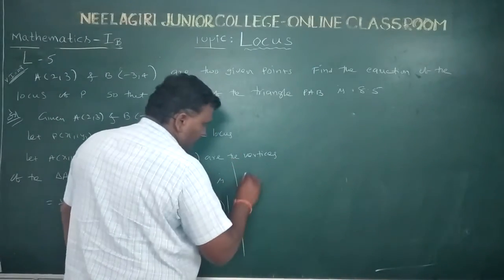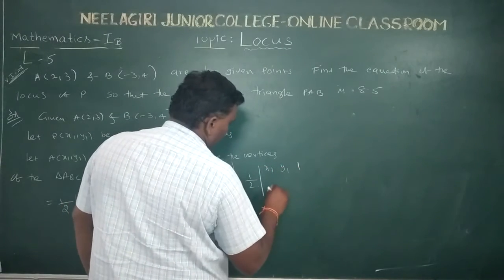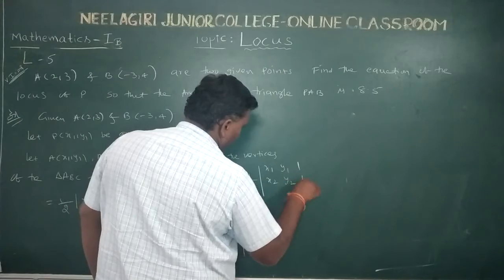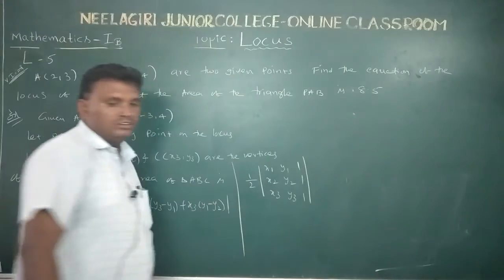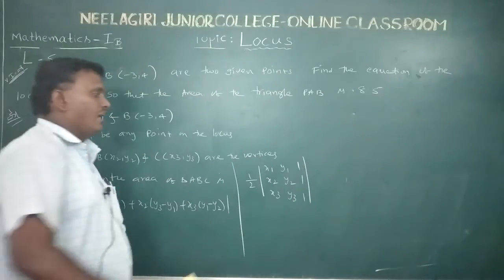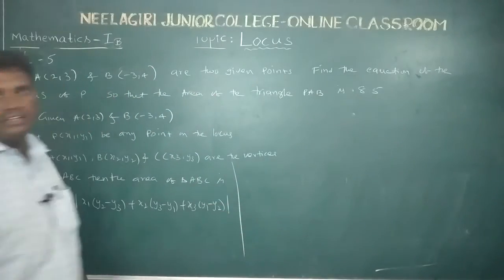Another formula is half into mod of the determinant with rows x1 y1 1, x2 y2 1, x3 y3 1. This can also be used. We discuss this in straight lines.